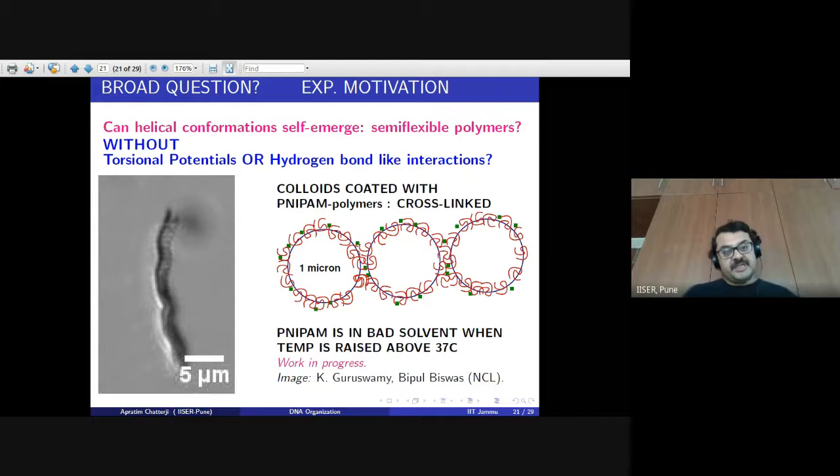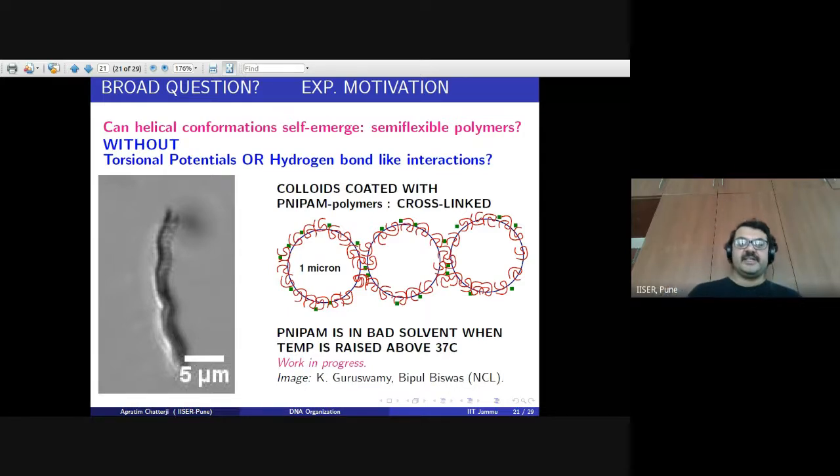So this was the starting point of the problem. We have solved this particular problem also, and the work is being written up with K. Guruswamy and Bipul Bishash. But the problem I am talking about started from this broader question, and we did some other stuff. So we are not going to explain this, but this was just the starting motivation.